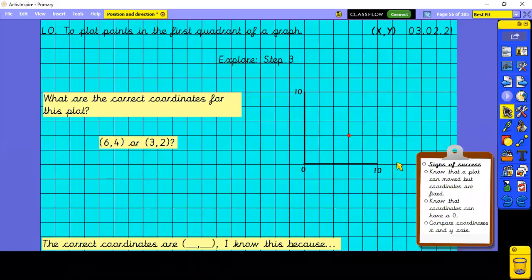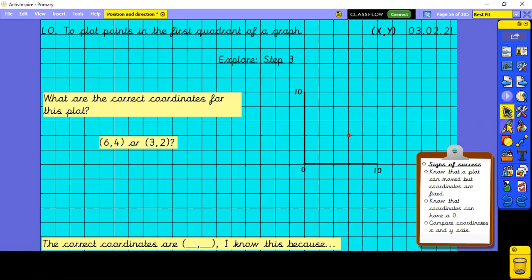Okay, so the key part of this problem is looking at the scale. So if we have 5 squares and the end of our scale is 10, each one cannot be 1. So each line is 2. So it goes 2, 4, 6, 8, 10, and the same on the y-axis.